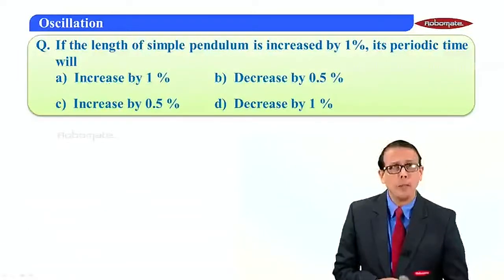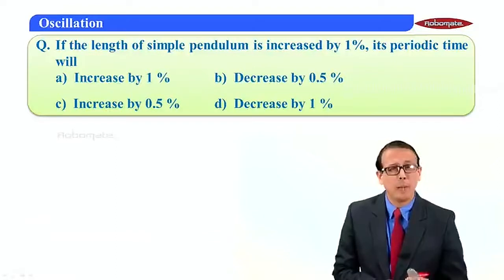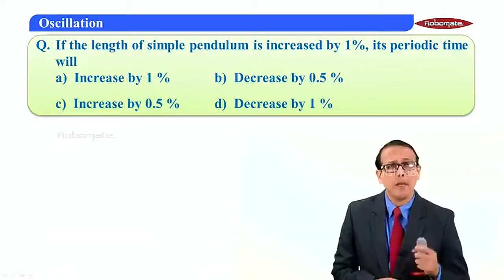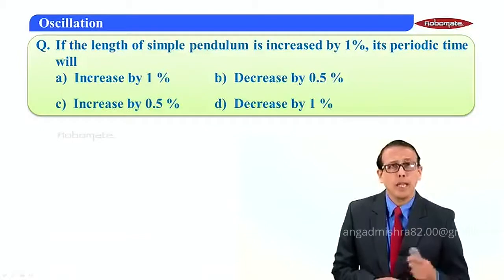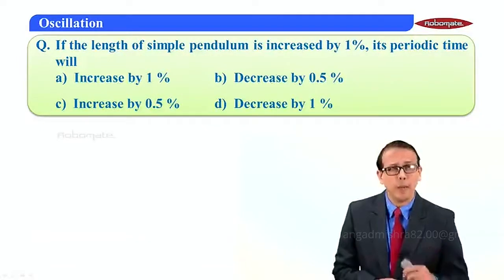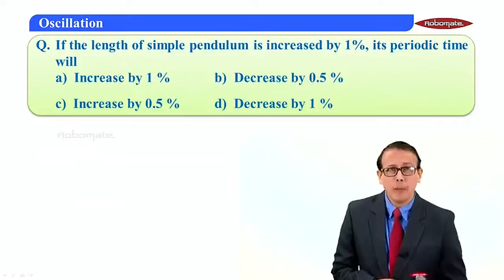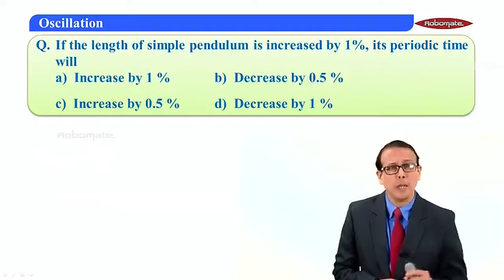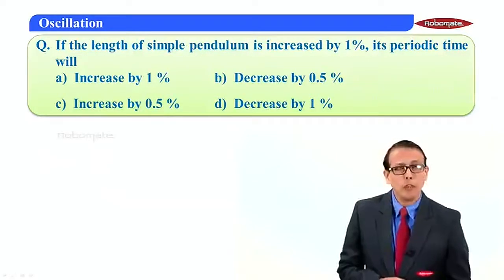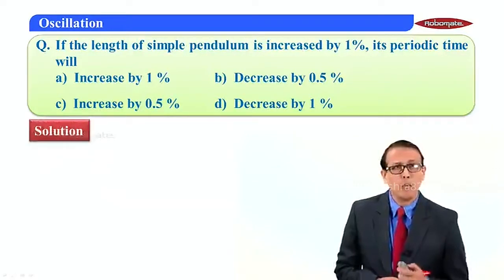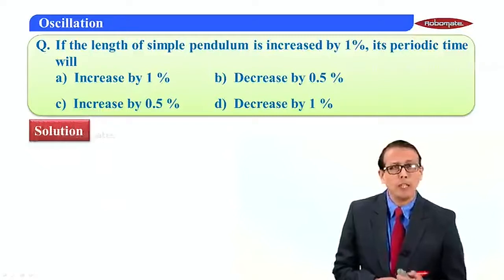If length of the simple pendulum is increased by 1%, its time period will: increase by 1%, increase by 0.5%, decrease by 0.5%, or decrease by 1%. Students, first of all we need to understand.